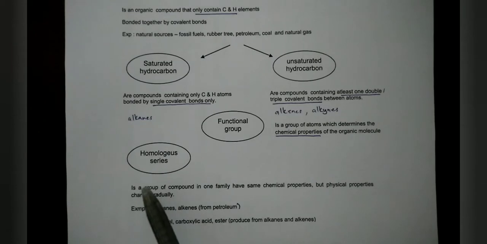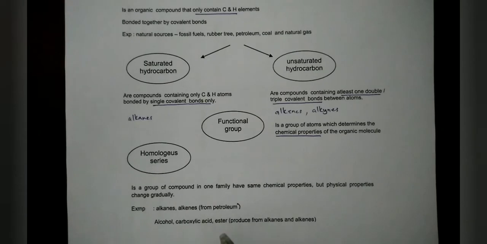Example of homolog series is homolog series of alkane, homolog series of alkenes, that both we can find from petroleum. Other example, homolog series of alcohol, homolog series of carboxylic acid, and homolog series of ester.